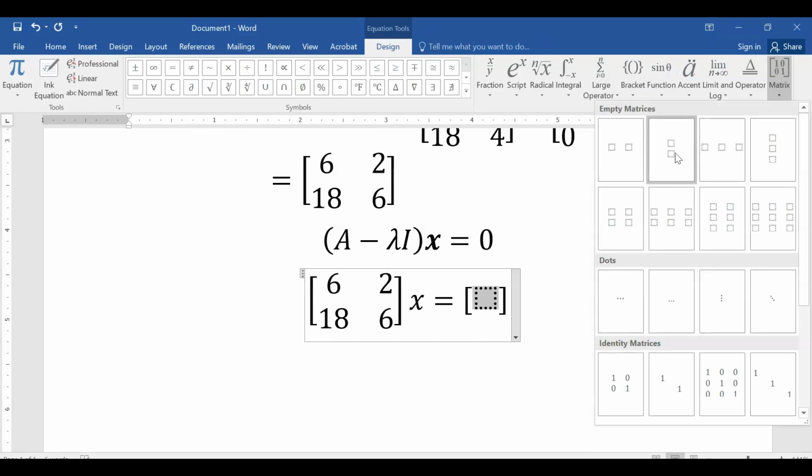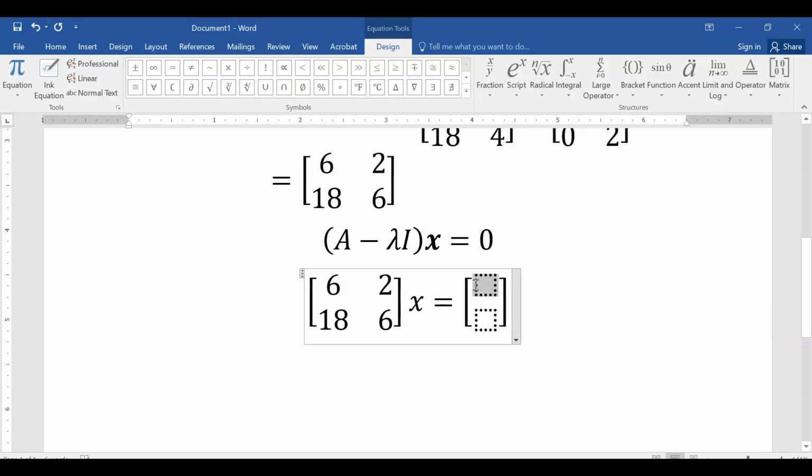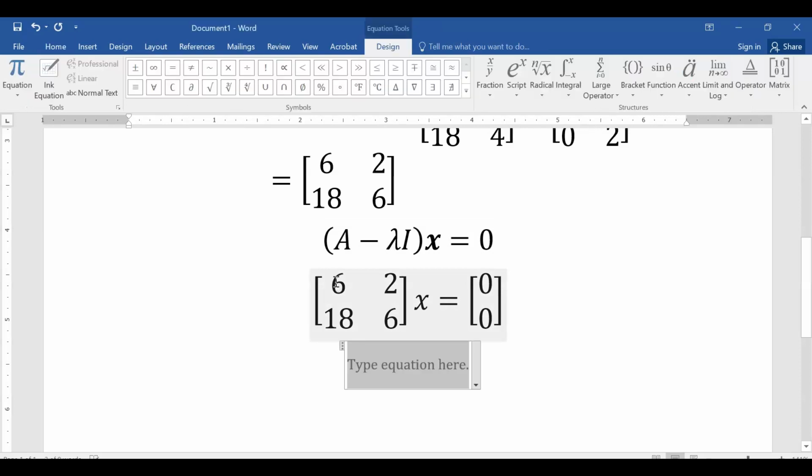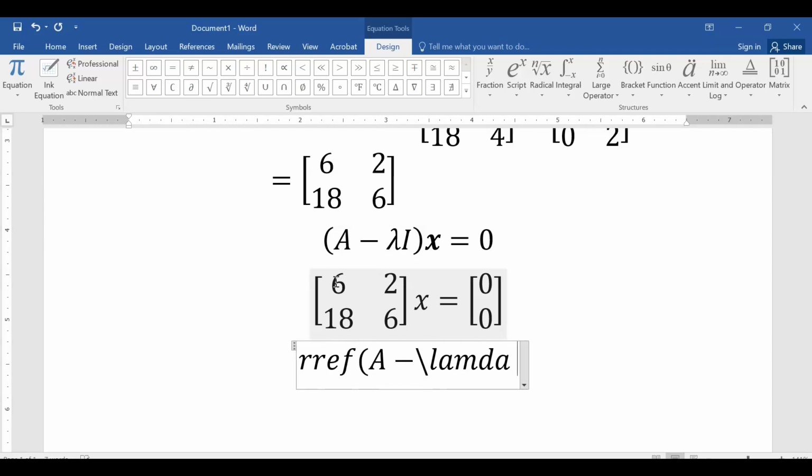Does that have a solution, and in particular, a non-trivial one? All right, so all we have to do is row reduce this. So put A minus lambda I in reduced row echelon form. We've done this so many times, I don't think we need to go over it again.